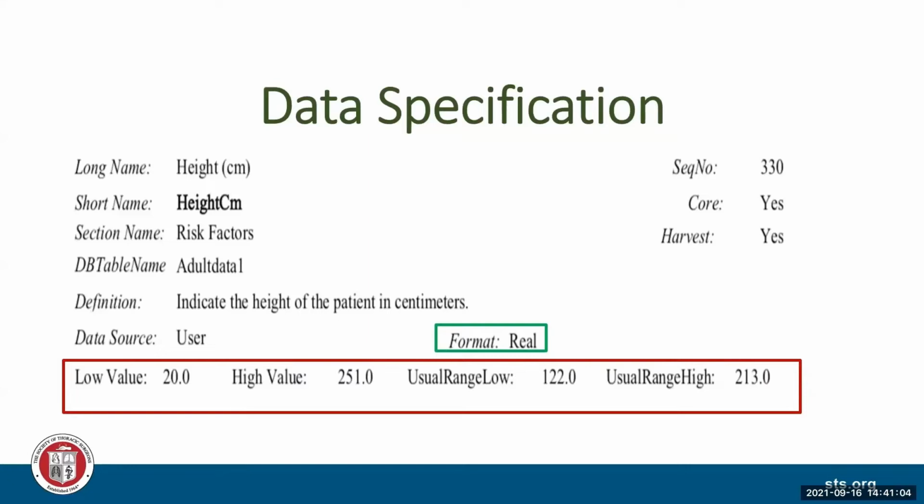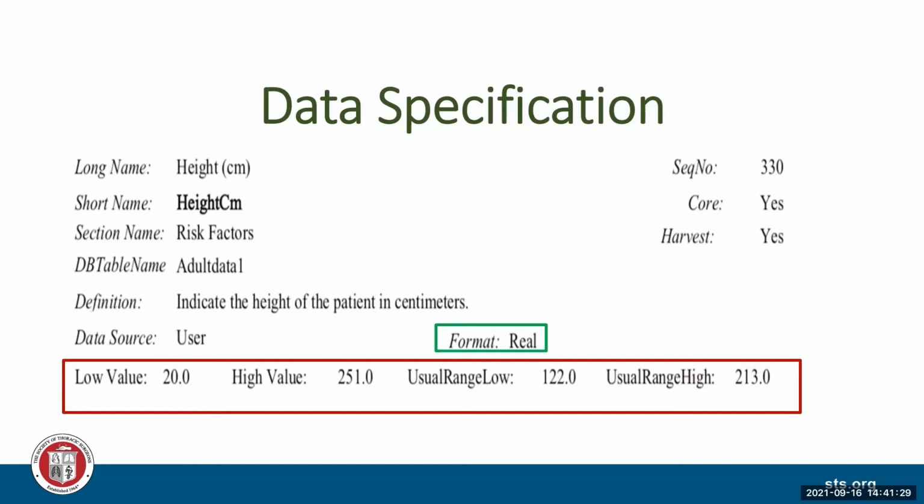The other thing that's really important in the data specs is the low values, the high values, the usual ranges, and the usual high range. So I want to talk a little bit about that. So this is height. This is sequence 330. The low value for height is 20 centimeters.